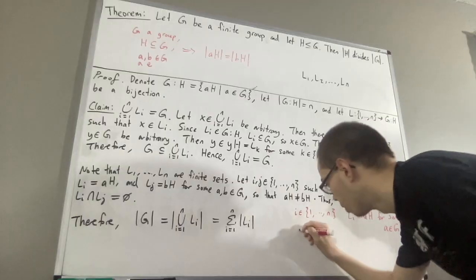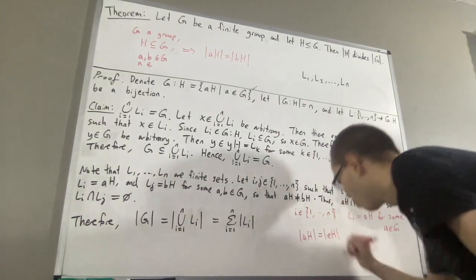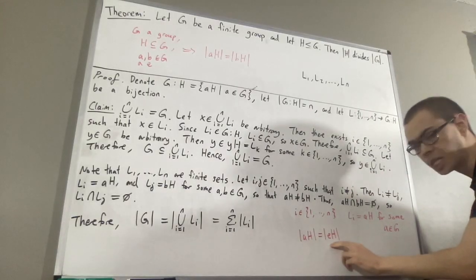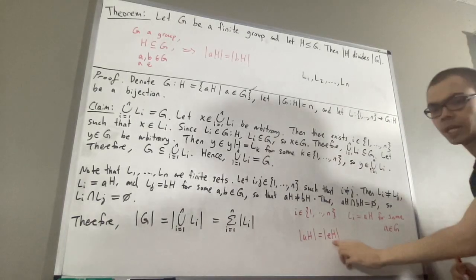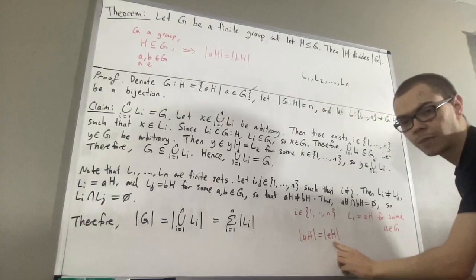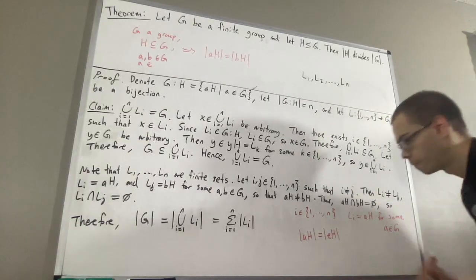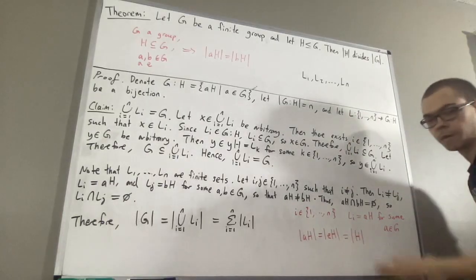But what is EH? EH is just H itself, right? Remember, EH is just taking all the elements of H, multiplying them on the left by the identity element. That doesn't change the set H itself. So EH is actually equal to H itself.